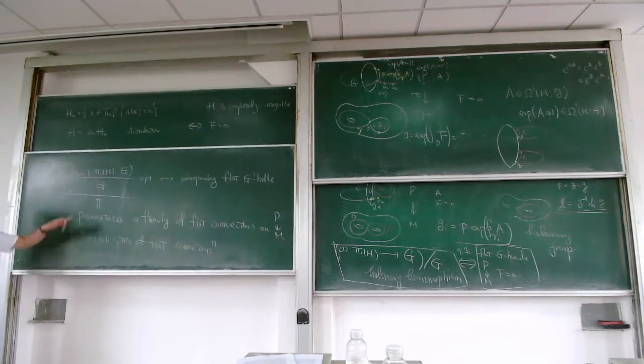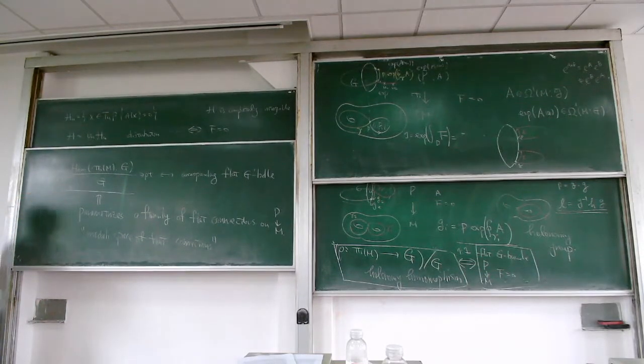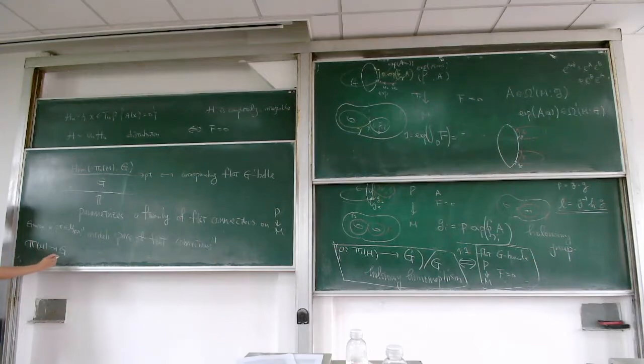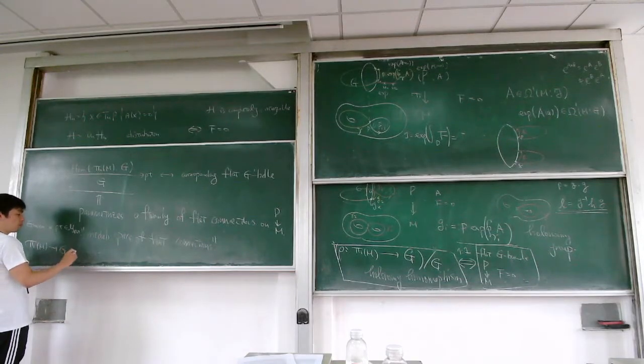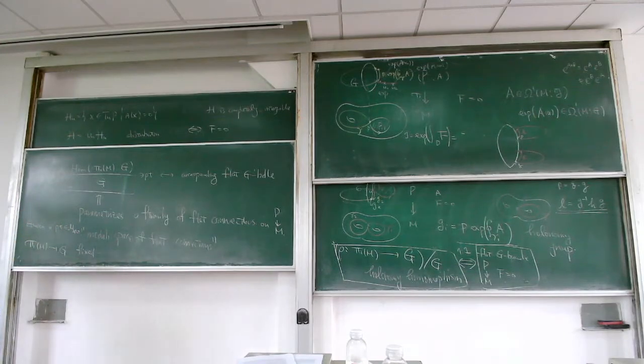Picking a point here means you just specify how pi 1 of M goes to G. Given a point in the moduli space of flat connections, this holonomy is fixed up to the conjugacy action.